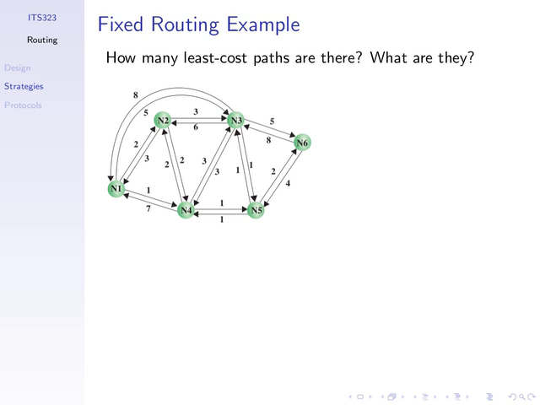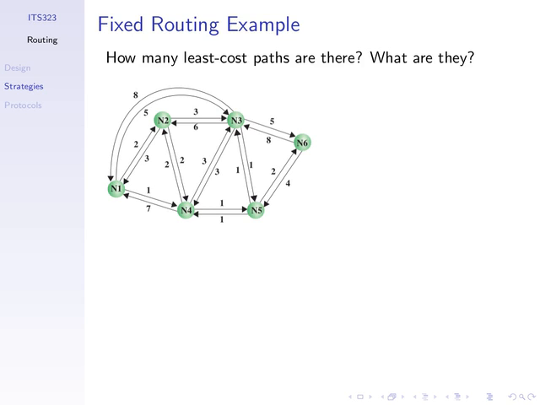How many nodes in the network? How many nodes in our network? 6 nodes. So we need to have paths between any pair of nodes. Node 1 needs to have a path to node 2, node 3, node 4, node 5 and node 6.